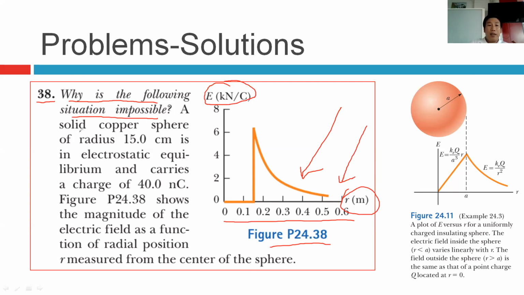They give us a solid copper sphere with a radius of 15 centimeters in electrostatic equilibrium, carrying a charge of 40 nanocoulombs. This figure shows the magnitude of the electric field as a function of radial position r measured from the center of the sphere.